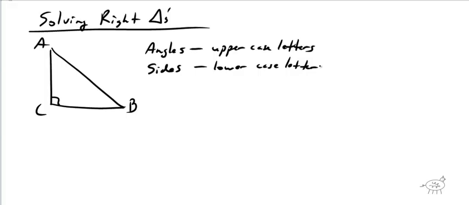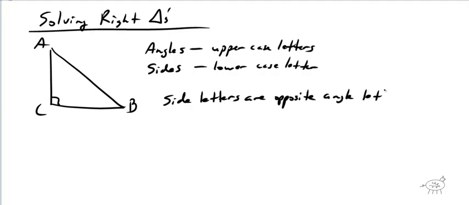Here's the deal, math fans. The side letters are opposite the angle letters. Kids get this wrong a lot.